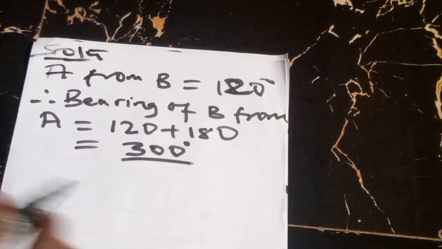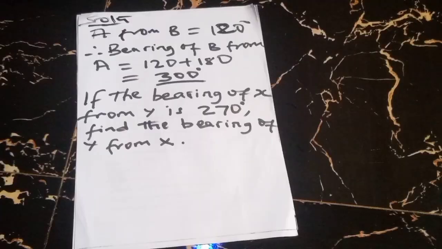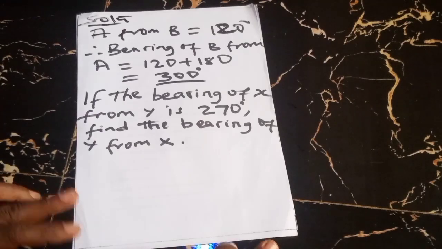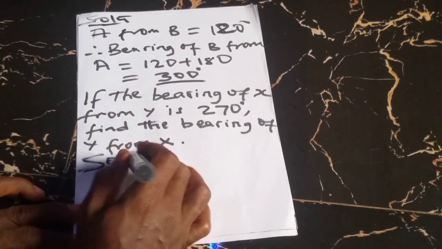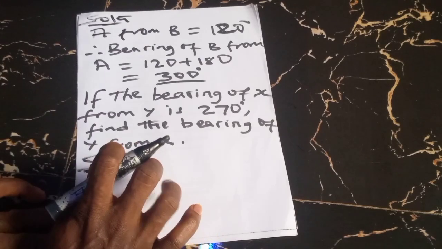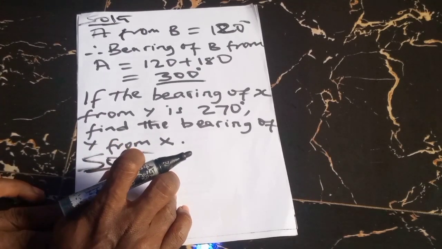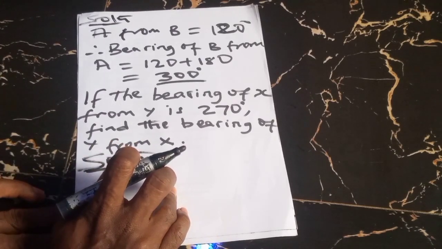Now another simple example says, if the bearing of S from Y is 270, find the bearing of Y from S. So in this case, we can see that the bearing of S from Y, the first bearing we have, is greater than 180.